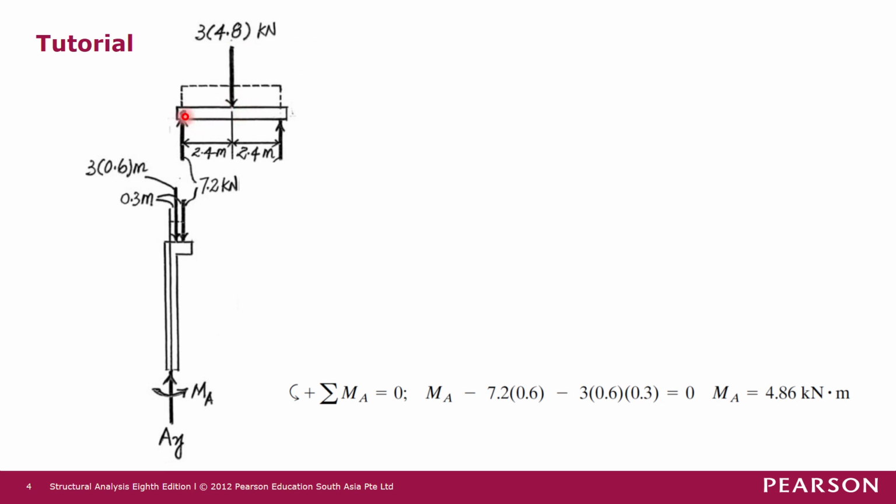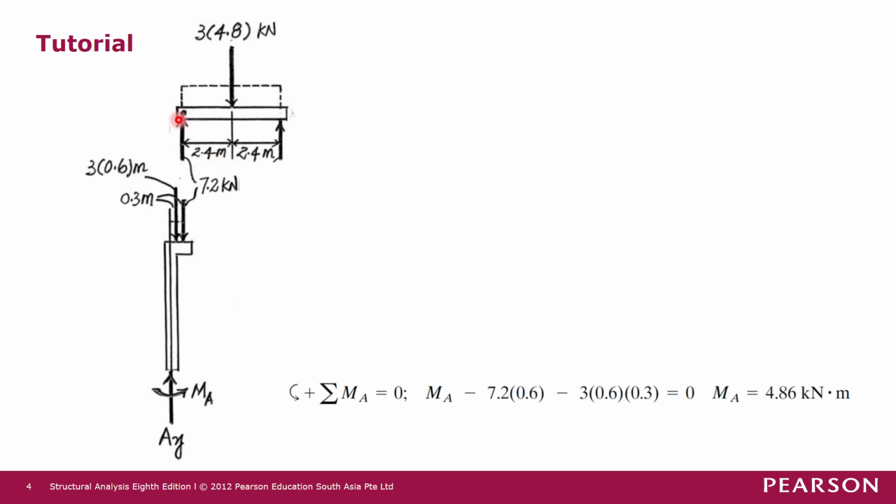This beam is symmetrical in loading and in support conditions, so each of these supports carries half of the total load. The total load is 3 times 4.8, so each of these will be half of 3 times 4.8, which is 7.2 kilonewton.